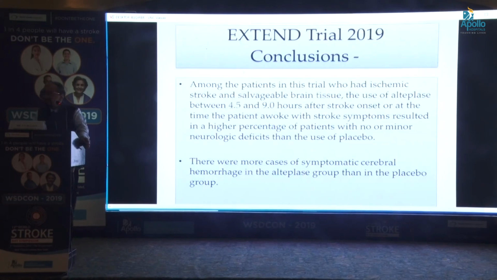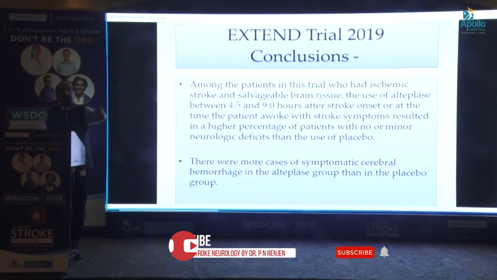So the conclusions of this EXTEND trial were, among the patients in this trial who had ischemic stroke and salvageable brain tissue, the use of alteplase between 4.5 and 9 hours of stroke onset, or at the time the patient woke up with stroke symptoms, resulted in a higher percent of patients with minor or no neurological deficit.